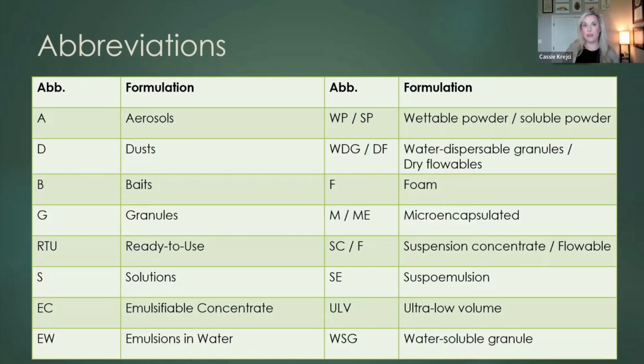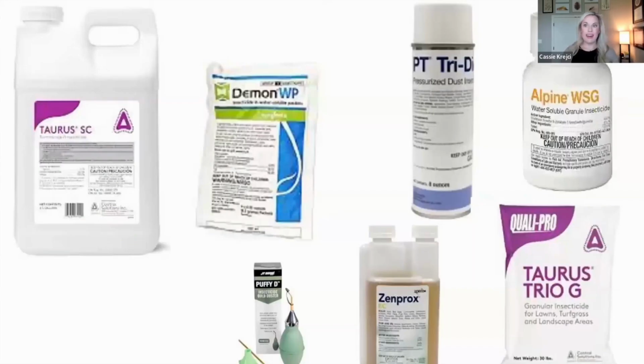In fact, you can call a solution whatever you want it to be from a marketing perspective. So I appreciate a lot of times when products like these include that little notifier that says, hey, I'm working with an SC. I don't have to ask what's in this bottle. It is a water soluble granule, in that Alpine bottle.